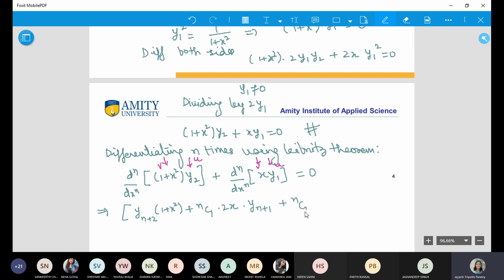Plus nc2 into 2 into yn. This is your first part. Then second part, I hope you will follow it. That's all. There is no third term. Is it okay or not?